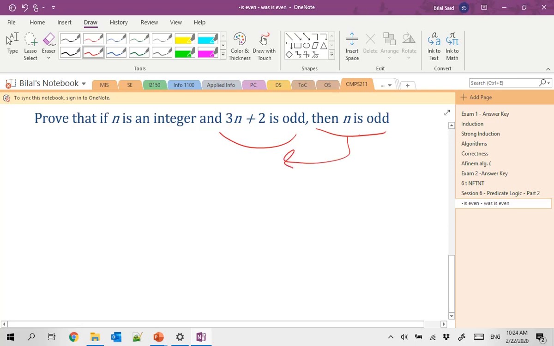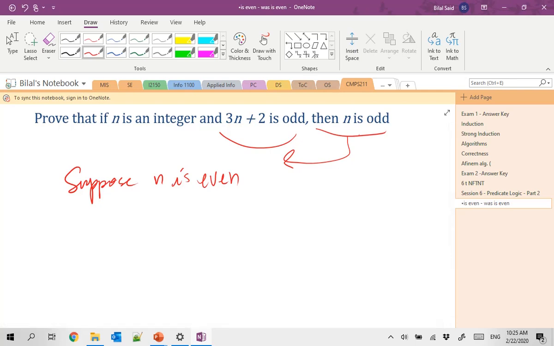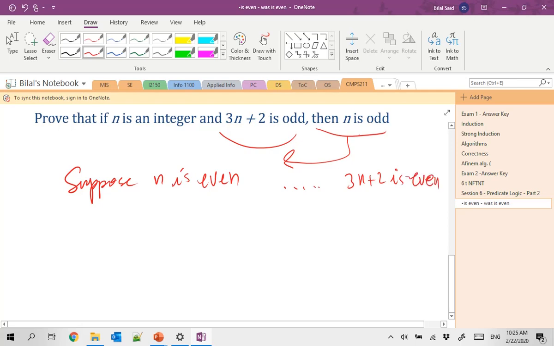We have to suppose that n is even, not odd actually. So we start with the negation of the right-hand side of the implication, and then we should be able to prove finally that 3n plus 2 is not odd, which is even. Good. So this is our target.